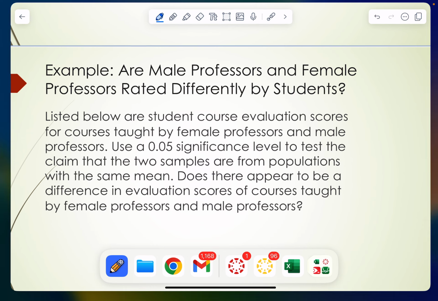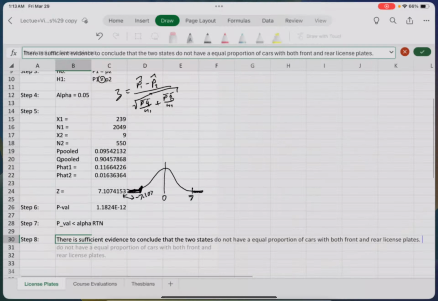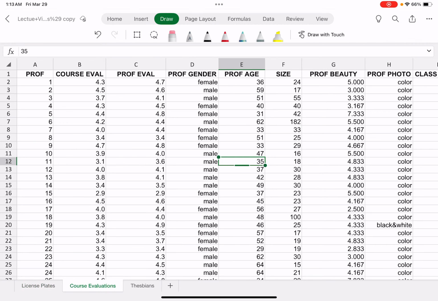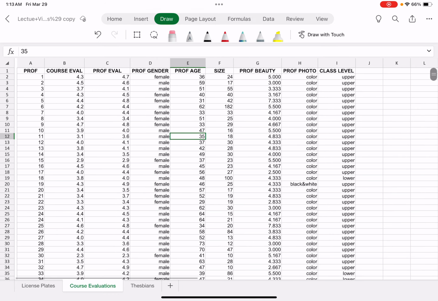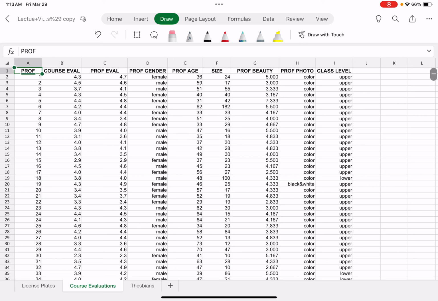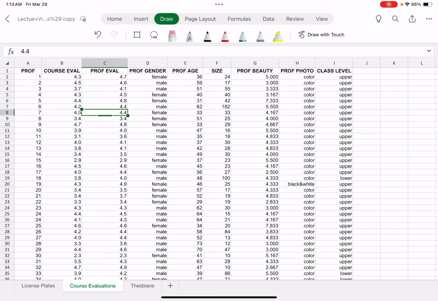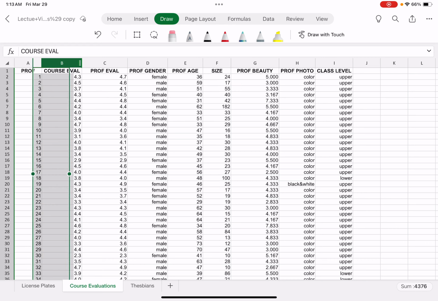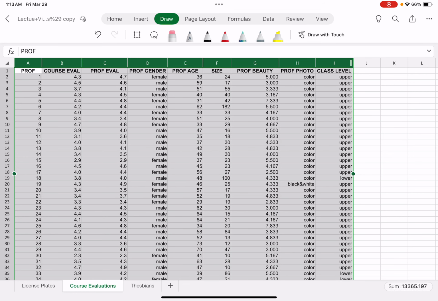Okay, let's go to our data. I'm going to go to course evaluations. Now this one has a lot of data that we have to comb through. First thing I'm going to do is select all of this here. I would like to make my two samples. Shift, okay, good, that worked.